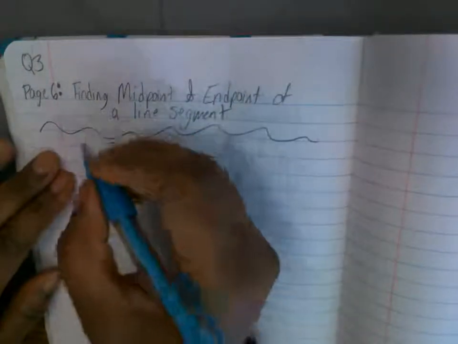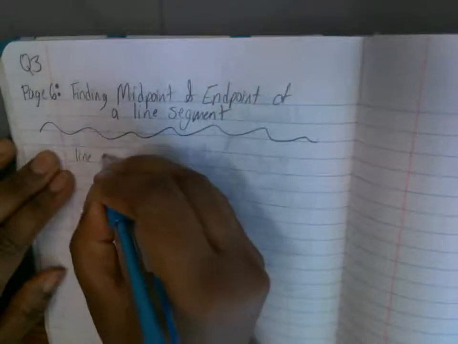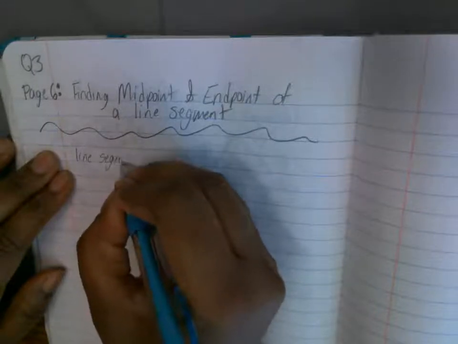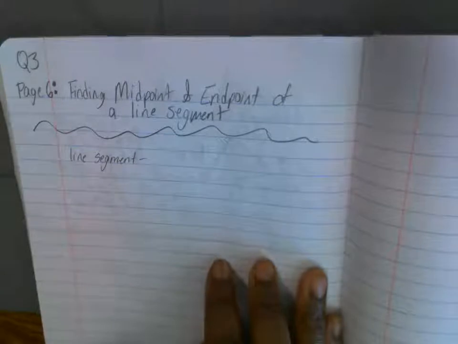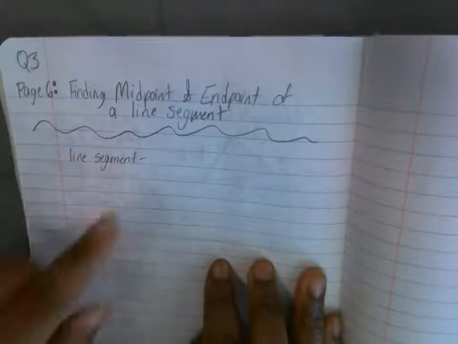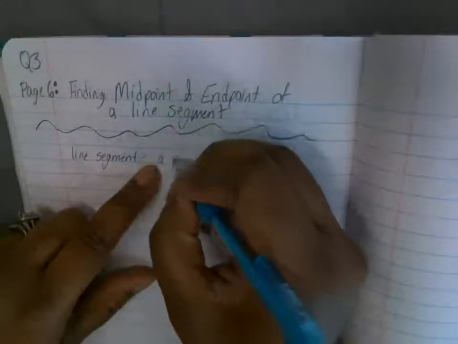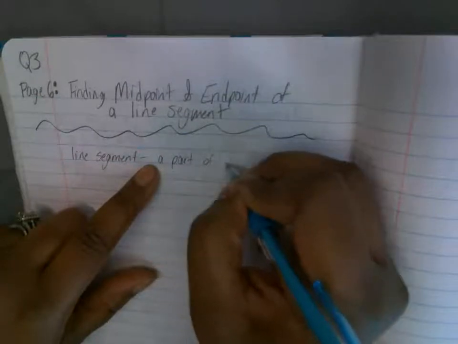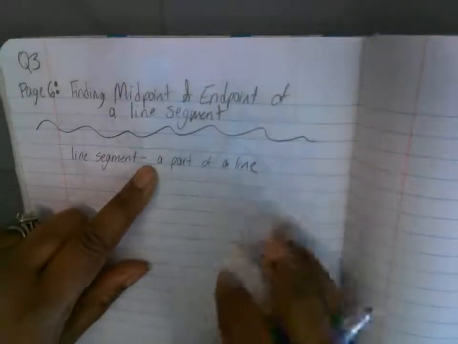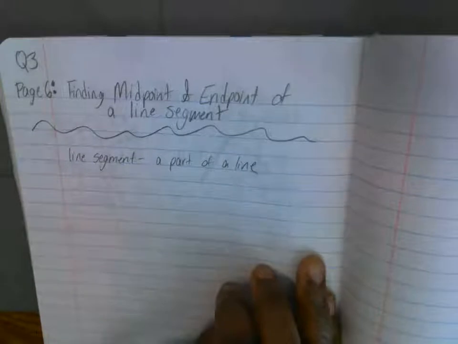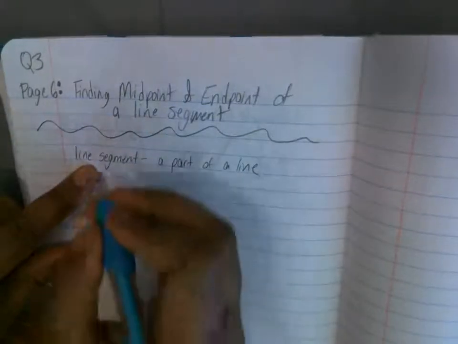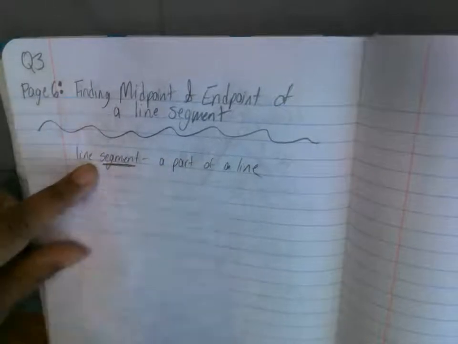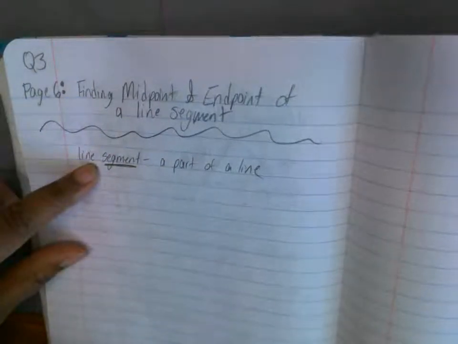The first thing we need to know is what a line segment is. A line segment has 2 endpoints. It's a part of a line. Remember, by definition, a line continues without end in opposite directions. When you say segment, it's a fraction of something.